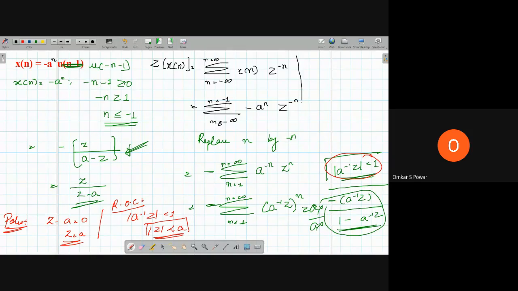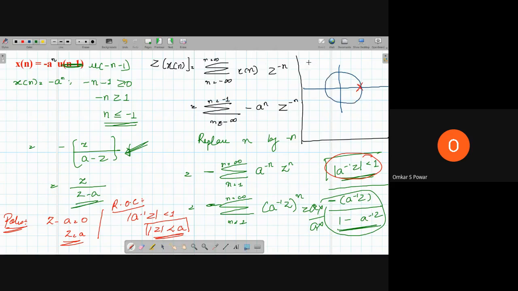So how does your ROC look? Just observe here, this is your z plane. First thing we have to do is plot the pole. We have the pole at z is equal to a. Then according to the ROC, mod z is less than a. So we have the unit circle here.